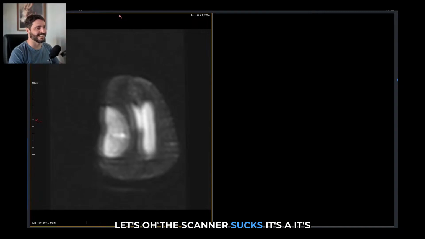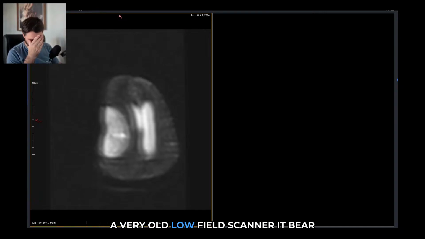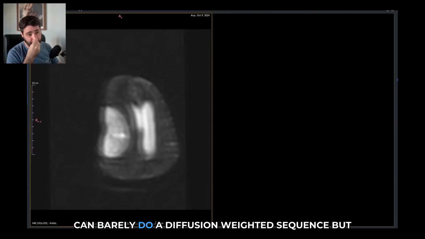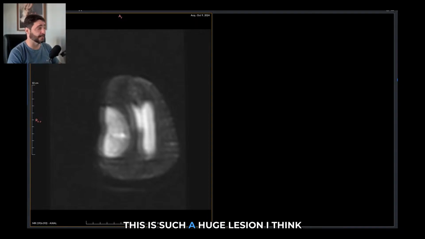The scanner sucks. It's a very old low field scanner. It can barely do a diffusion weighted sequence, but this is such a huge lesion. I think we can handle it.